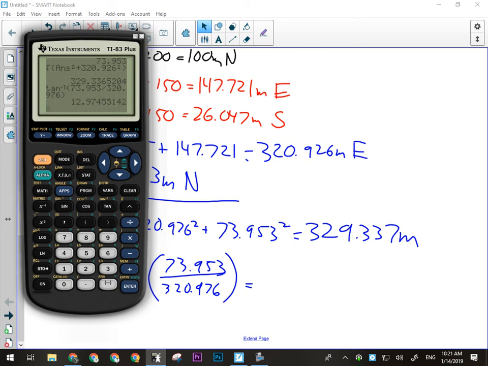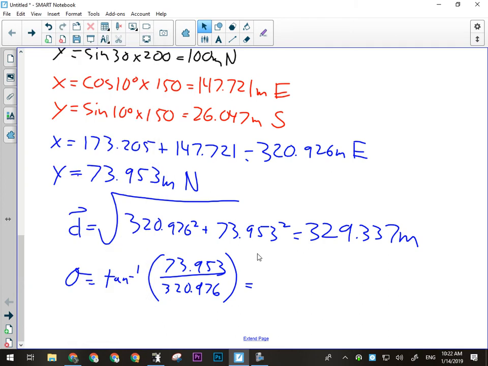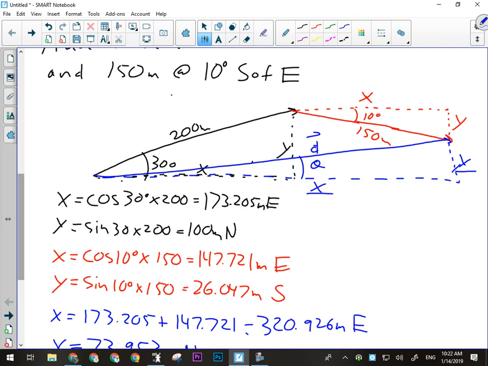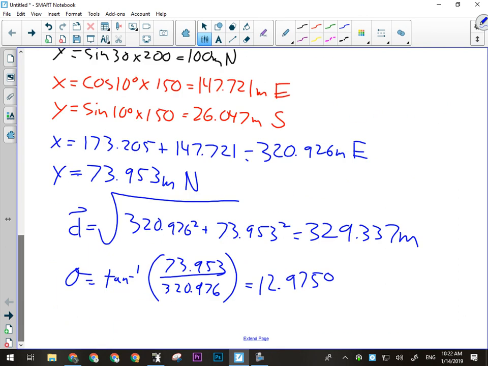All right, so we're looking at 12.975 degrees. And which way is that, according to my diagram? North of east, exactly.